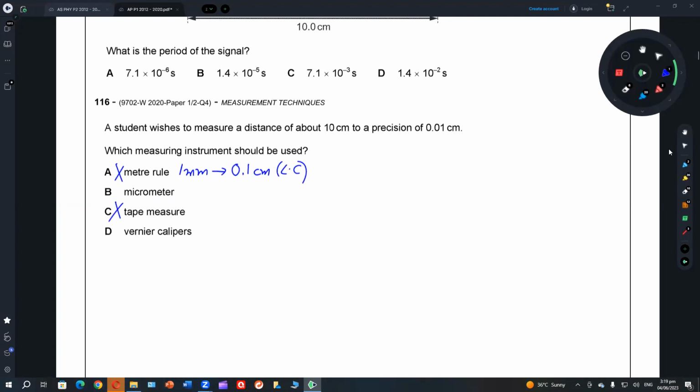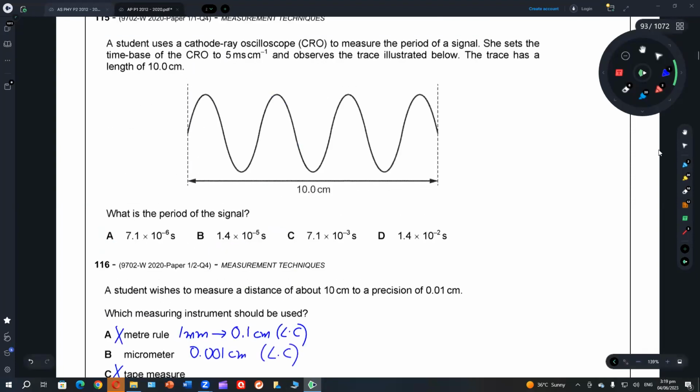Now the tie is between micrometer and vernier caliper. So it's D. Yes, it is D.